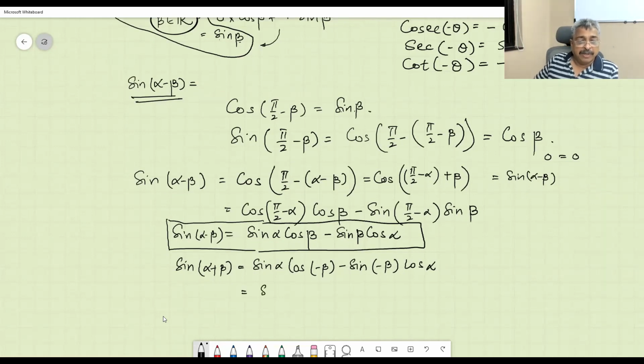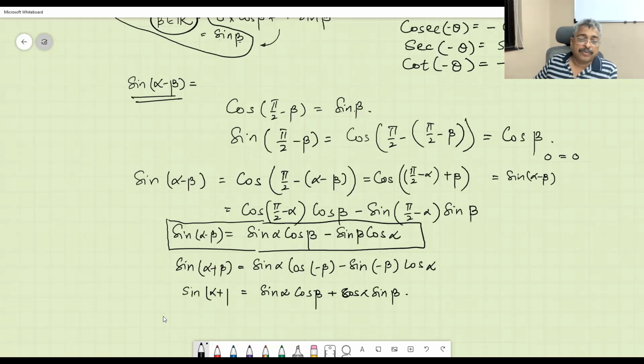Therefore sine alpha cos beta plus cos alpha sin beta. Okay, so these are the fundamental four formulae of trigonometry.